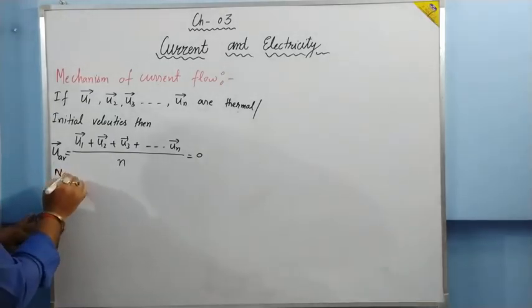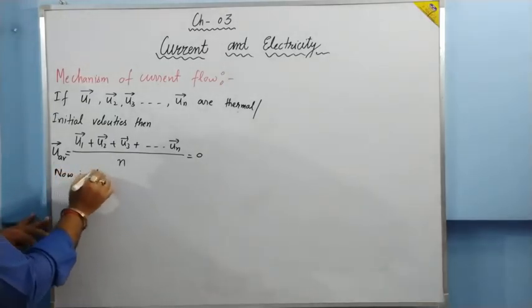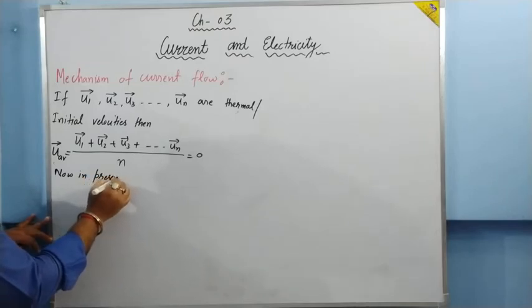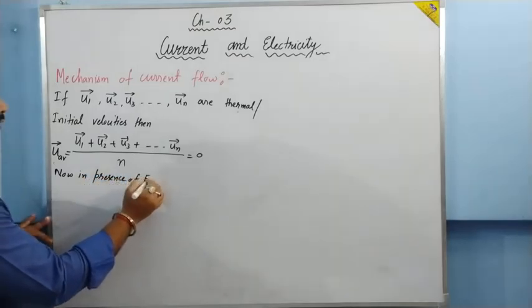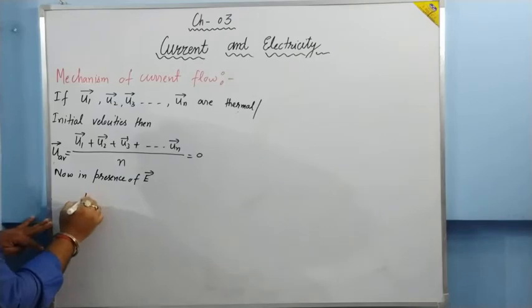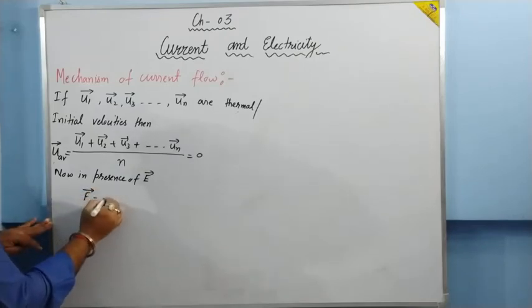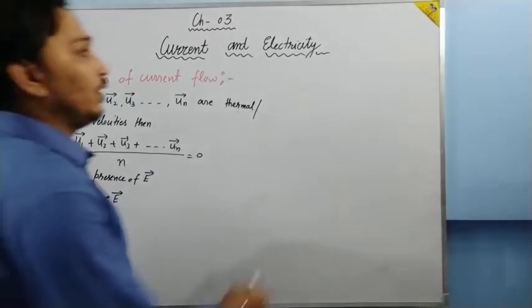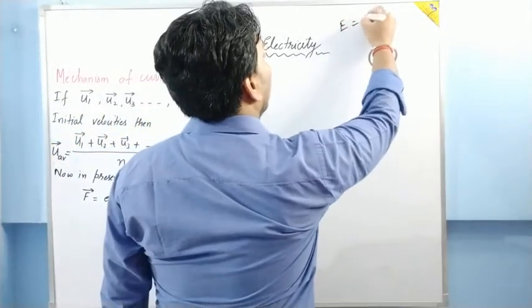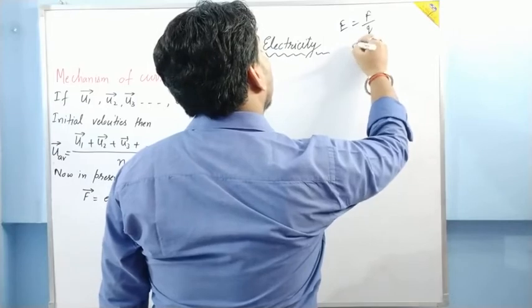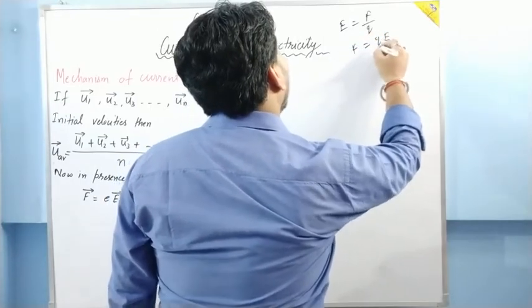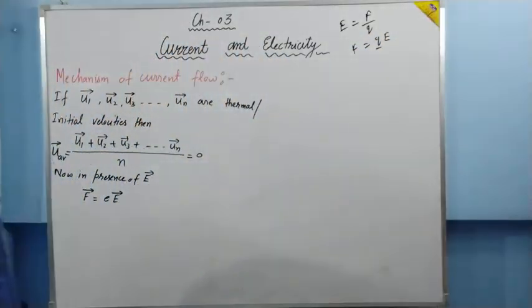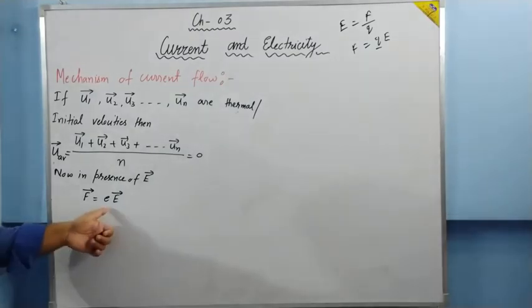Now in the presence of an electric field, a force is applied over the electron, and that force is given by minus e times E vector. From where has this formula come? Electric field is defined as force upon charge. The force will be q into E. Here we are talking about electrons, so the charge on the electron is e.